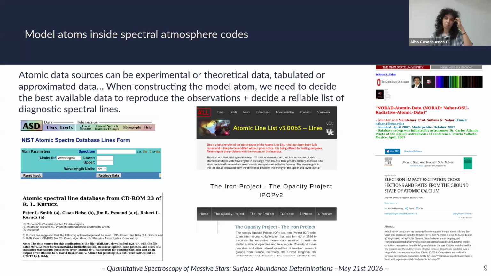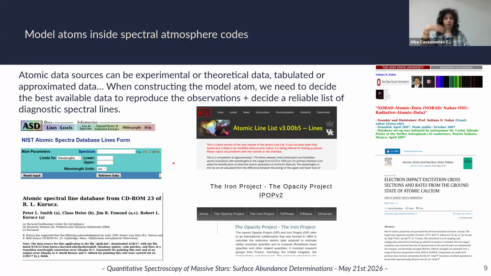Here I included some possible sources of atomic data. We have, for example, the NIST, which is mainly experimental data and has information on the energy levels as well as the radiative transitions in between them. A very similar one is, for example, the atomic line list from the University of Kentucky.